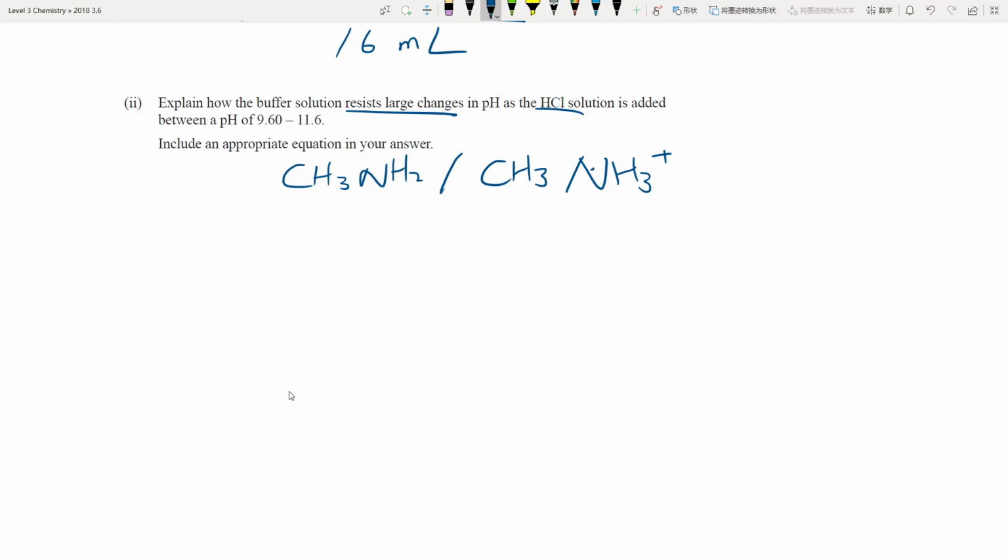When you are adding HCl solution, the CH3NH2, which is the weak base, reacts with the HCl in a neutralization reaction.